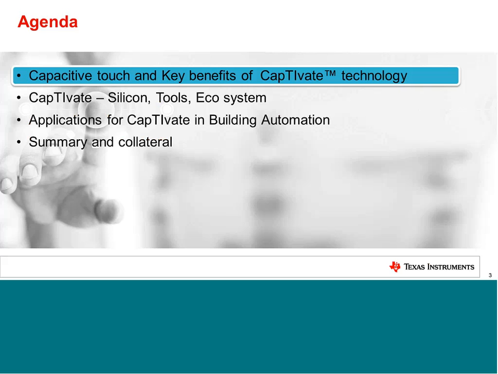We'll quickly go over CapTIvate technology, silicon, tools, and ecosystem, and the applications that we are seeing good traction in. And finally, we'll end with the summary and collateral information that you can view offline, and then Q&A.